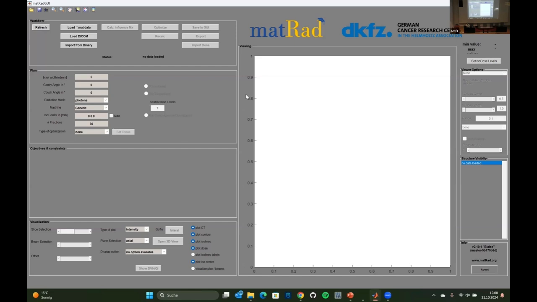Within matRad, we have a few phantoms and patients ourselves that we can use today. So we do not need to load any DICOM. It's not like bring your own patient day. So we have some data for you to use. The data that we have are either phantoms or scans from volunteers. For an open source software, it gets regulatorily a little bit stressful to have actual sick patients and not scanned volunteers.